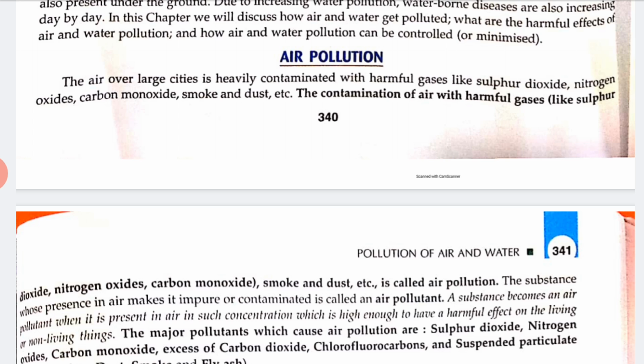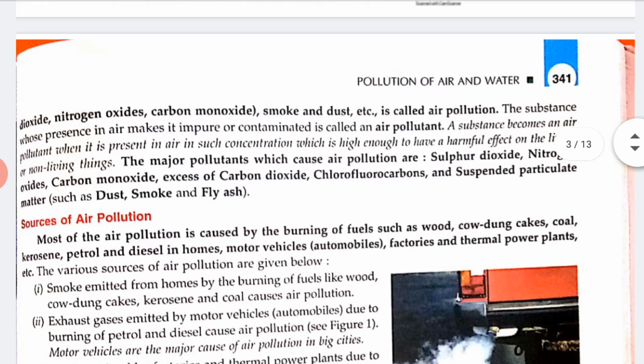Now let's talk about the sources of air pollution. Most air pollution is caused by the burning of fuels such as wood, cow dung cakes, coal, kerosene, petrol and diesel in homes, or by motor vehicles like automobiles, factories, thermal power plants, etc. These are the main sources of air pollution.